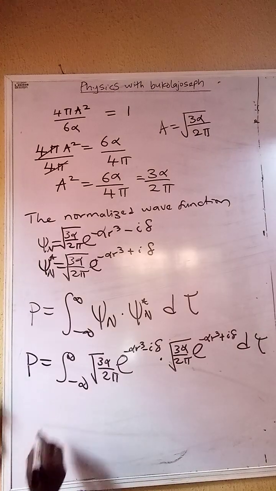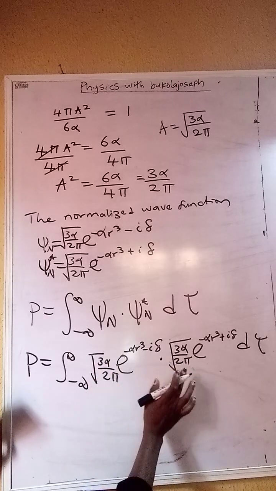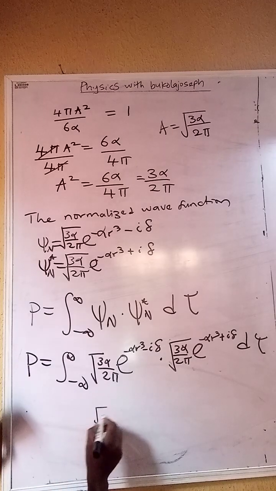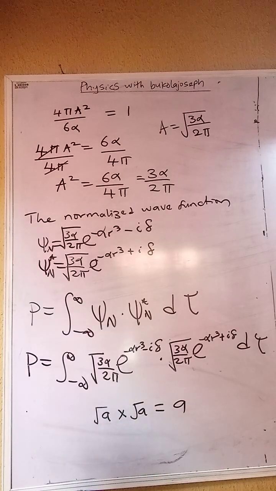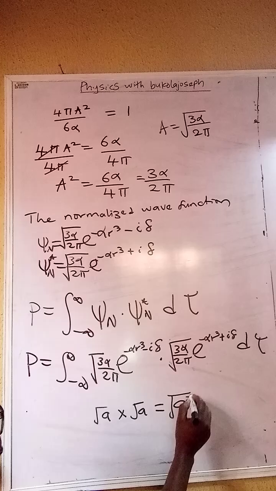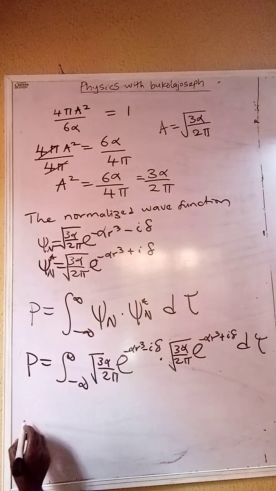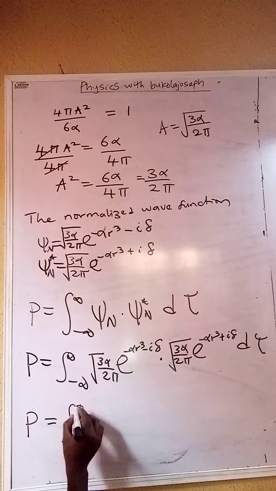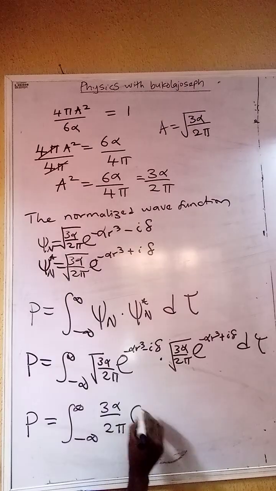We will substitute d tau later. Let me simplify this. If you multiply this by this, that's the rule of surds: square root of A times square root of A is simply equal to A. You have A squared, so A times A will give us A squared, this will cancel this, and you will be left with A. Using this principle, this will now be equal to the integral from minus infinity to infinity of 3 alpha over 2 pi exponential.